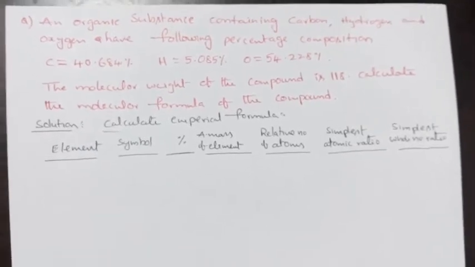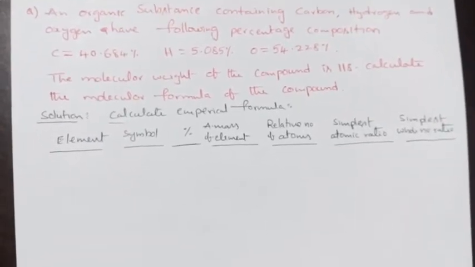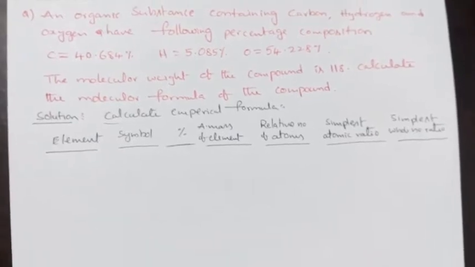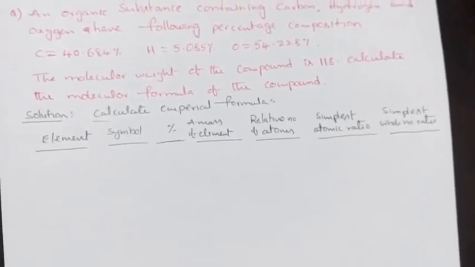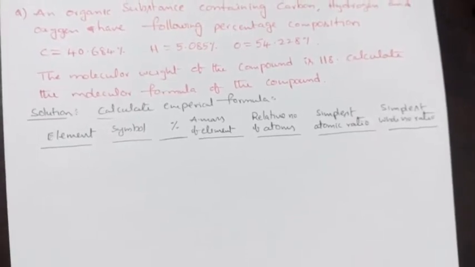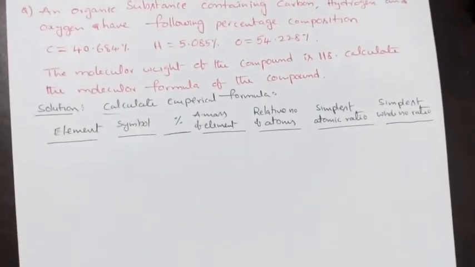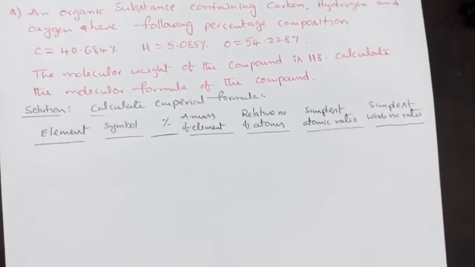So we have to apply the steps we learned in the concept. First, we have to calculate the empirical formula. To calculate the empirical formula, first we write down the elements given.